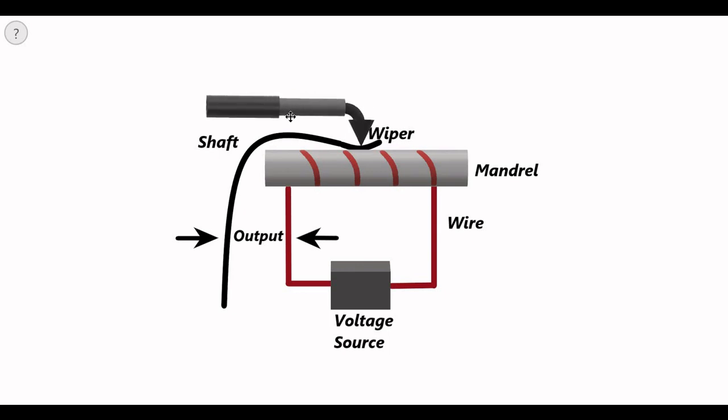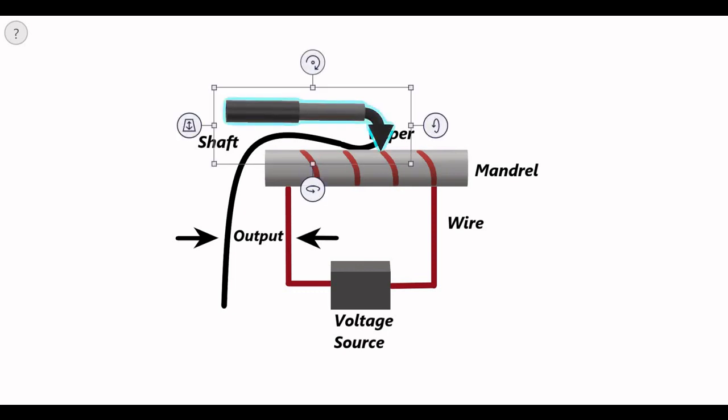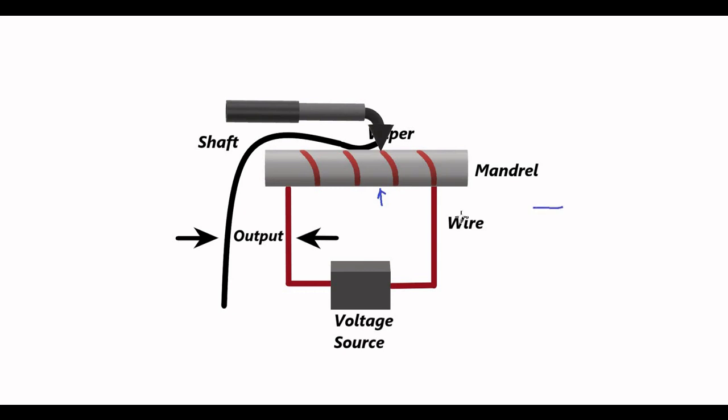Whenever it moves to a certain position, from that position the total potentiometric resistance is split into two parts. Let's say one part is Rx, and the remaining will be Rp minus Rx.